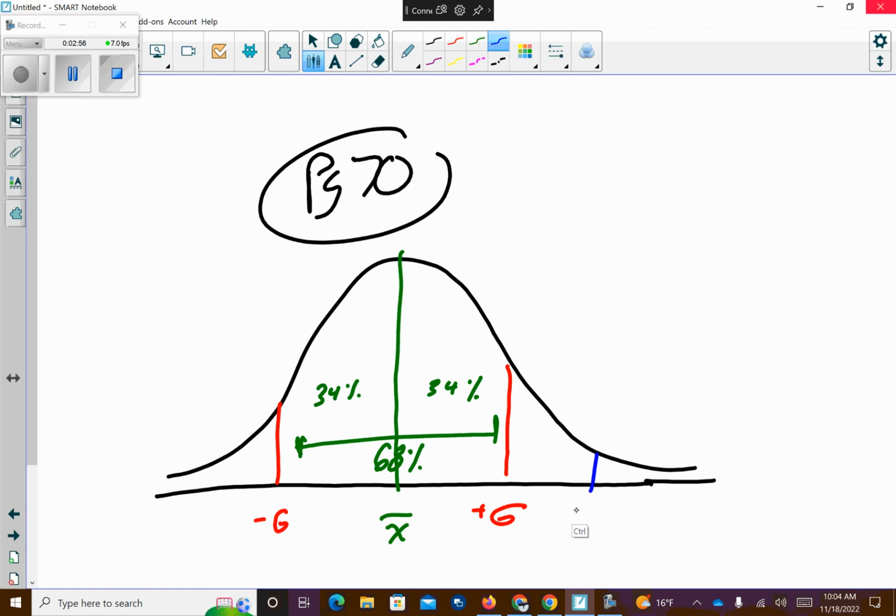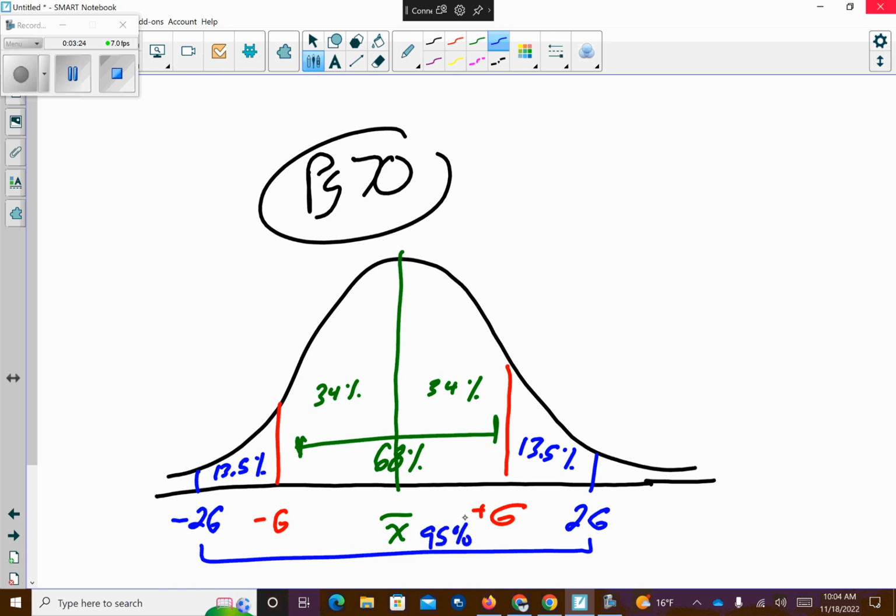Then if I go out a 2nd standard deviation, either adding or subtracting, each of those little regions accounts for 13.5% of the area under the curve. So 13.5, 34, 34, and 13.5 together give 95%.